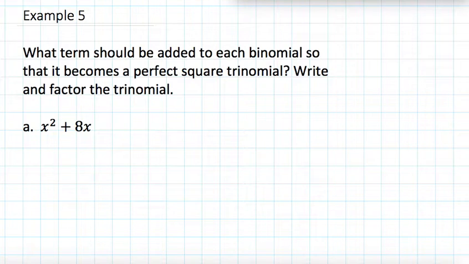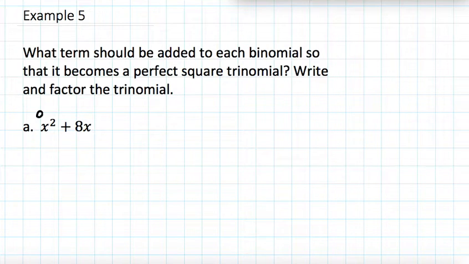It says which term should be added to each binomial so that it becomes a perfect square trinomial, and then write and factor the trinomial. So we're going to look at part A. We have x squared plus 8x. So this is a binomial because it has two terms. We're going to add the constant, and so what we need to figure out here is what is b.